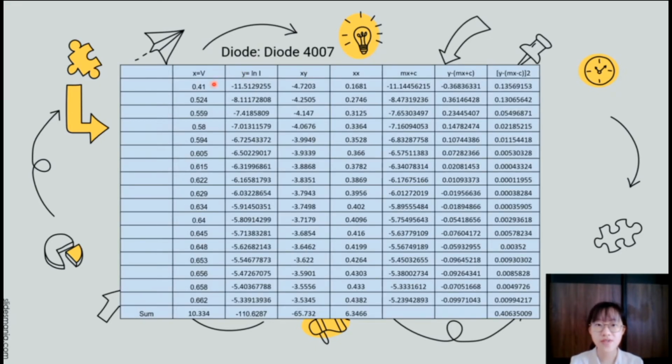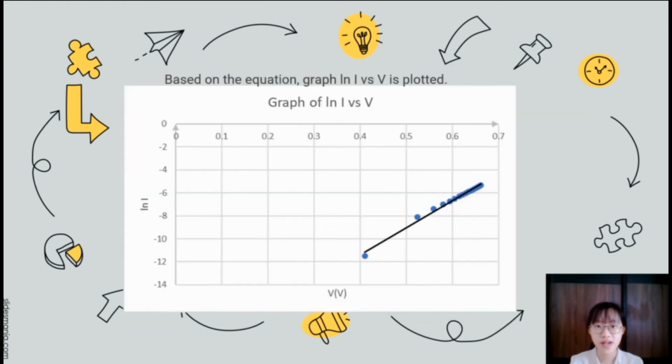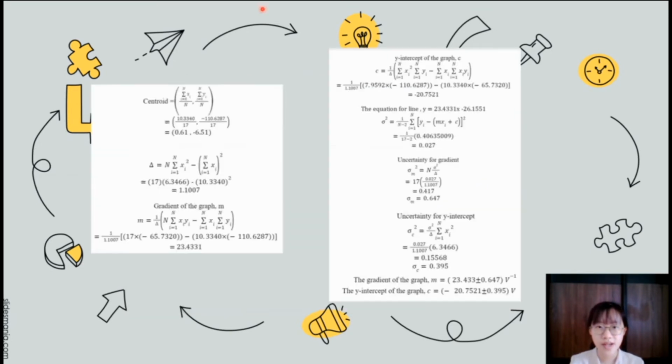And again, this is the data value for diode 4007 in least square method. And this is the graph ln I versus V for diode 4007. The same, we get the straight line. And then we use least square method to calculate the equation for the gradient and y-intercept and also its uncertainty.